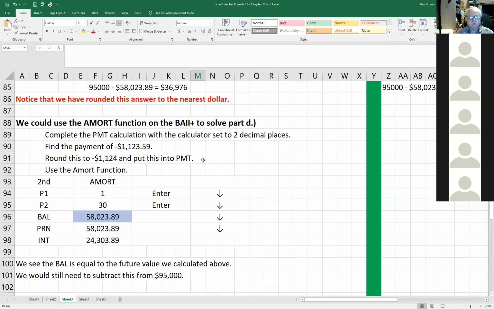So you have to do the calculation, compute payment, and then change it to the nearest dollar and put it back in.